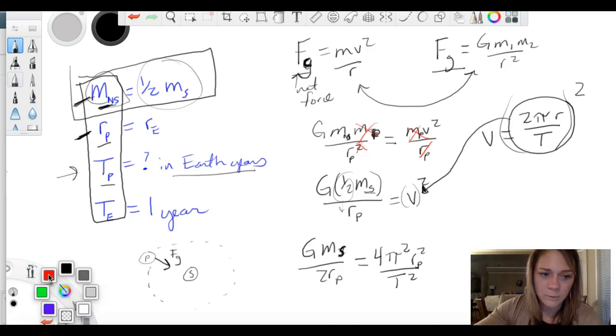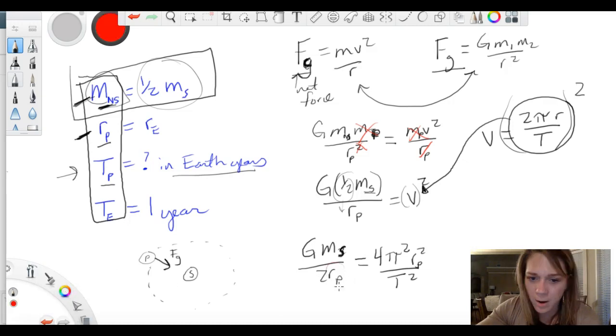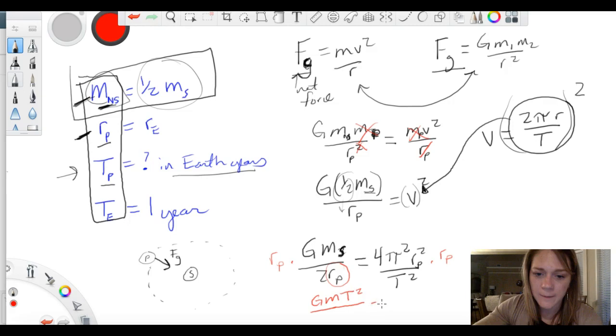I'm going to combine my r's. So I'm going to take this r and multiply both sides by this r. And that gives me a value of r cubed on the right-hand side. And then I see I have gm times t squared equals, I'm going to move this 2 over to the other side too, 8 pi squared rp cubed.